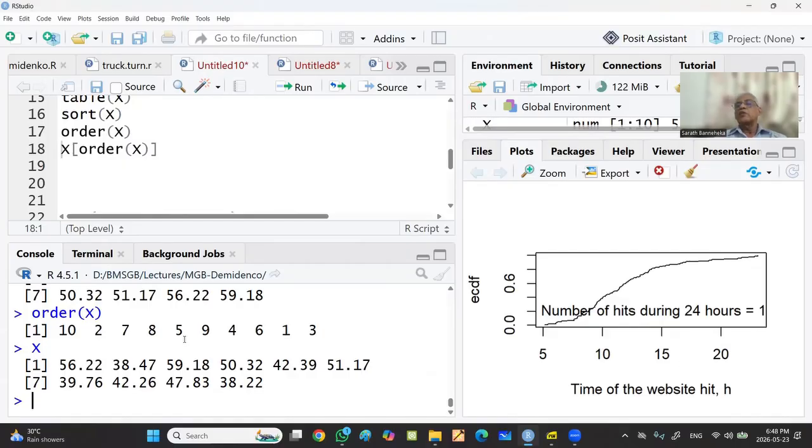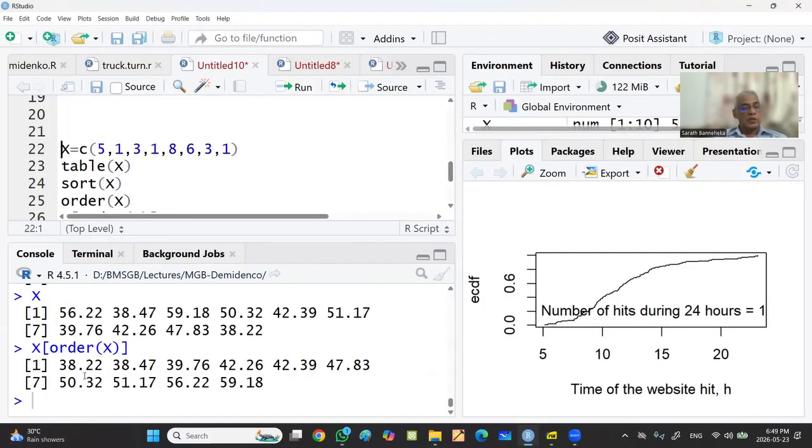By doing that, it will give me the sorted data set again, right? Because it gives me the minimum value first, and second minimum value second, third minimum value, which is in the seventh place of the original data set, will be now coming to the third place, and so on. So x order x will give me the ordered data set in the ascending order.